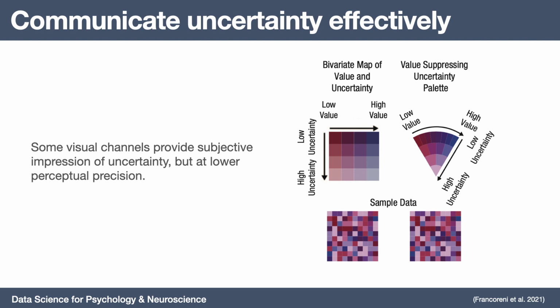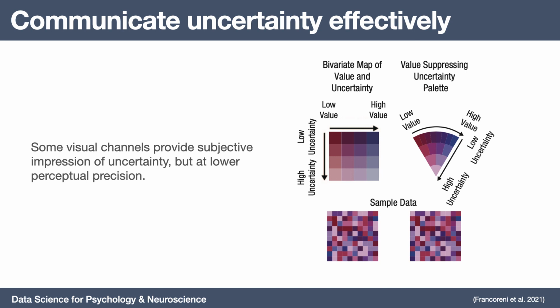If we just throw those into some random data set at the bottom, it's very hard to kind of extract out both the value and the uncertainty together. So you want to think carefully about visual channels that provide this impression of uncertainty, but keep in mind that some of these channels, like hue or color or saturation, can actually lead to imprecise estimates of uncertainty.